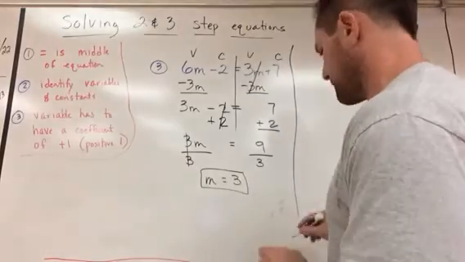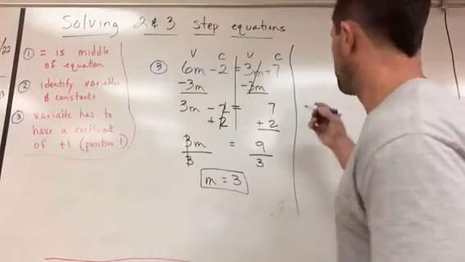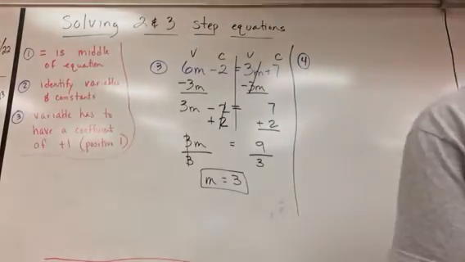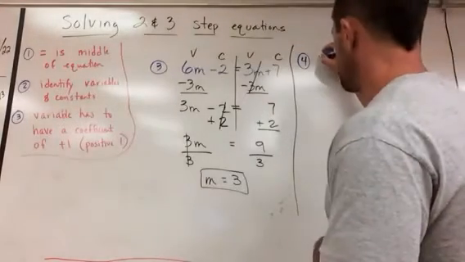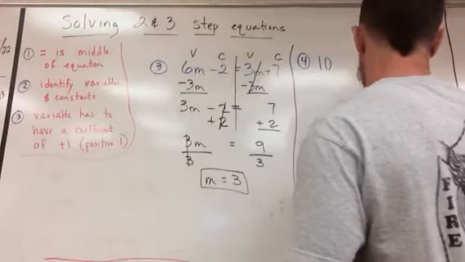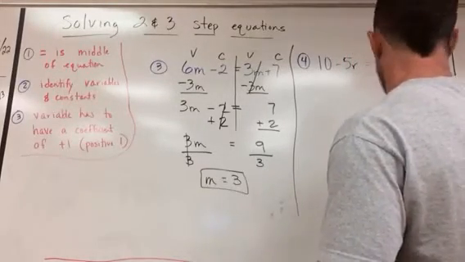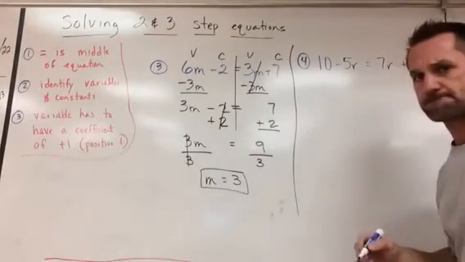And then our last example that we're going to do is example 4. And example 4 says 10 minus 5r is equal to 7r plus 46. Okay.